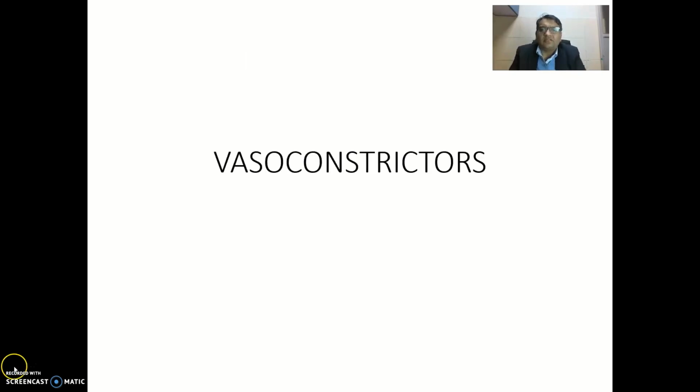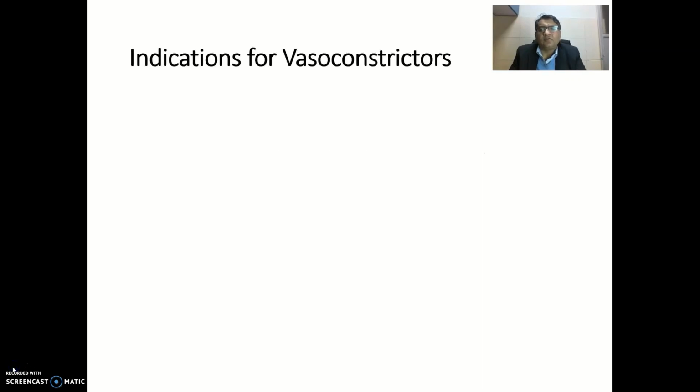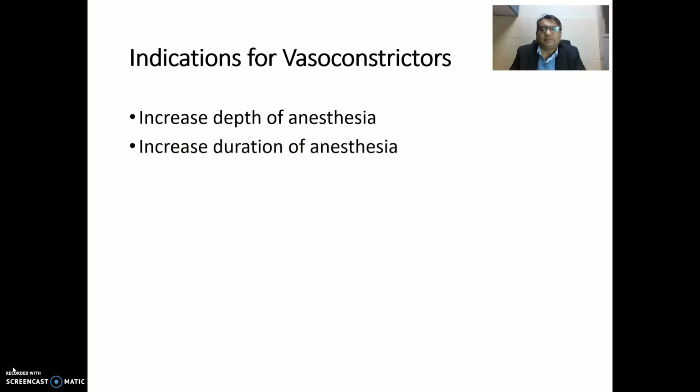Now we are going to discuss the vasoconstrictor. Now we are going to discuss the indications of vasoconstrictor. The local anesthetic usually causes vasodilation. So by adding the vasoconstrictor, we are going to increase the depth of anesthesia.